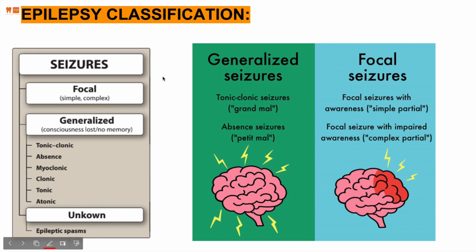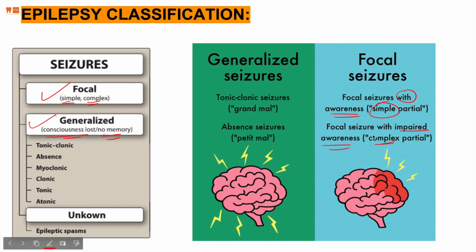Okay, so let's classify the epilepsy further. Seizures, of course, focal, also known as simple or complex focal, and then generalized, which are consciousness lost or no memory involved. So I know that generalized has a lot more categories than focal. That is because focal has to do with one area of the brain. So all it has to do is either simple, which means with awareness, or complex, which is impaired awareness.